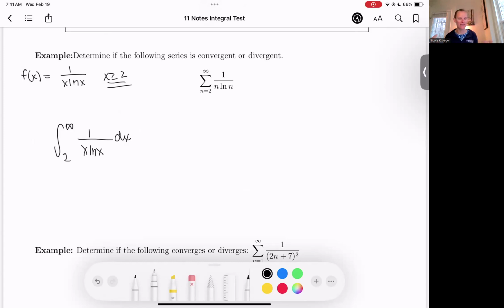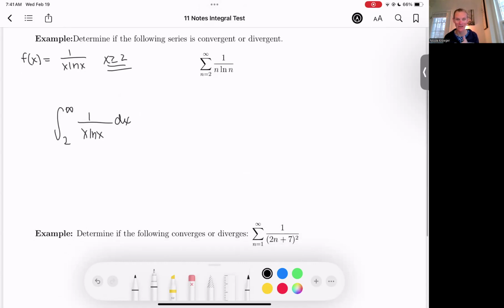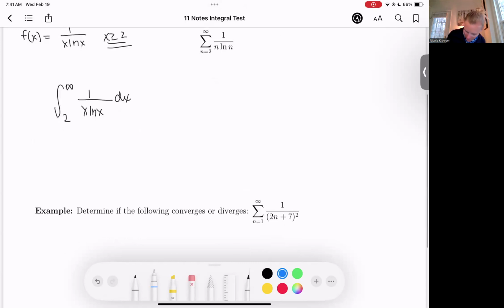Now we have to integrate this. Oftentimes we're going to have to use u substitution just by the nature of these types of problems. In this particular case, we can pick u to be ln of x. So du is 1 over x dx, so x du is dx.